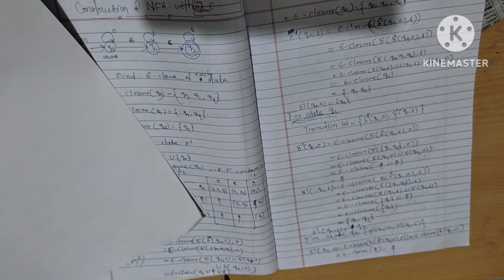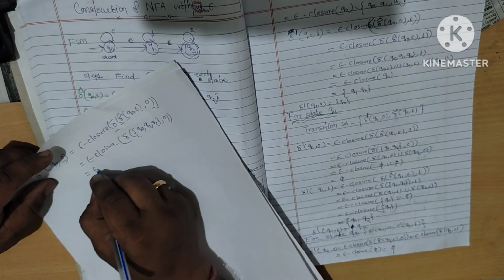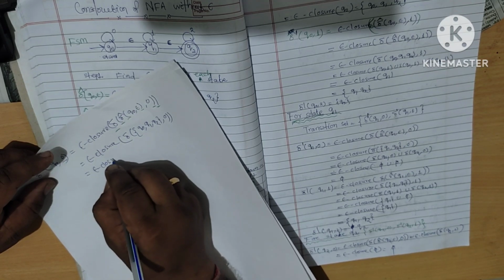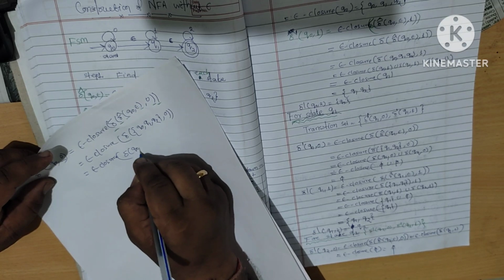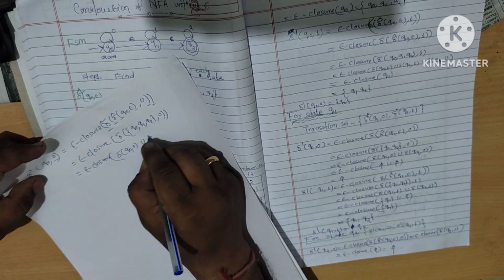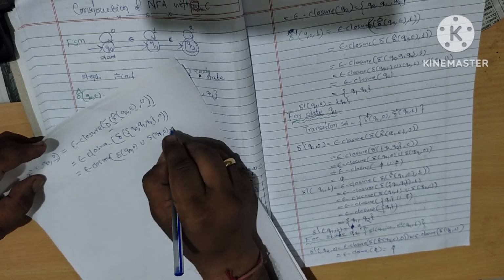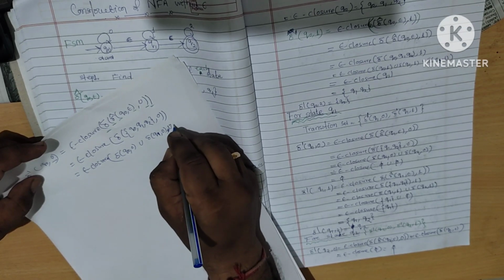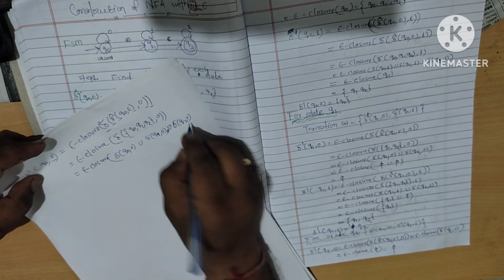So we are getting epsilon closure of delta of q0 comma 0 union delta of q1 comma 0 union delta of q2 comma 0.